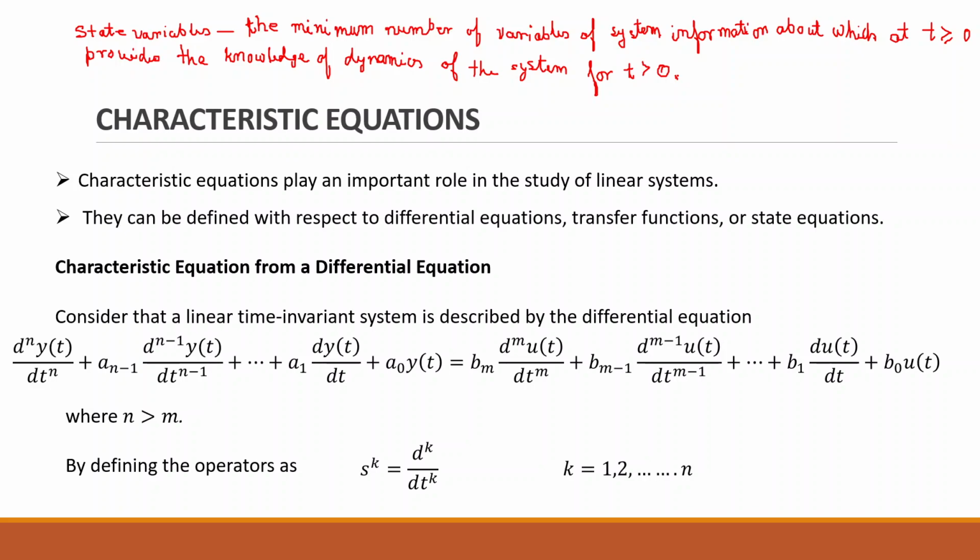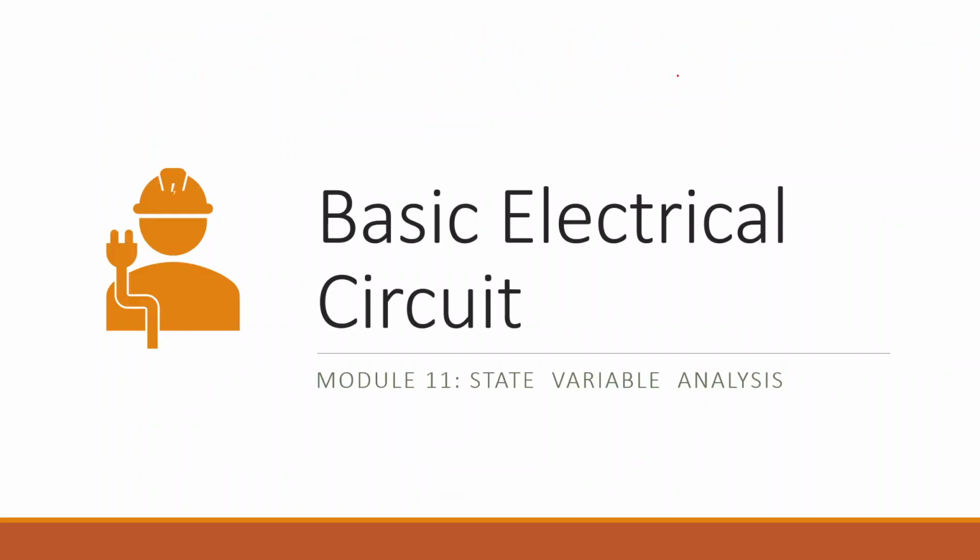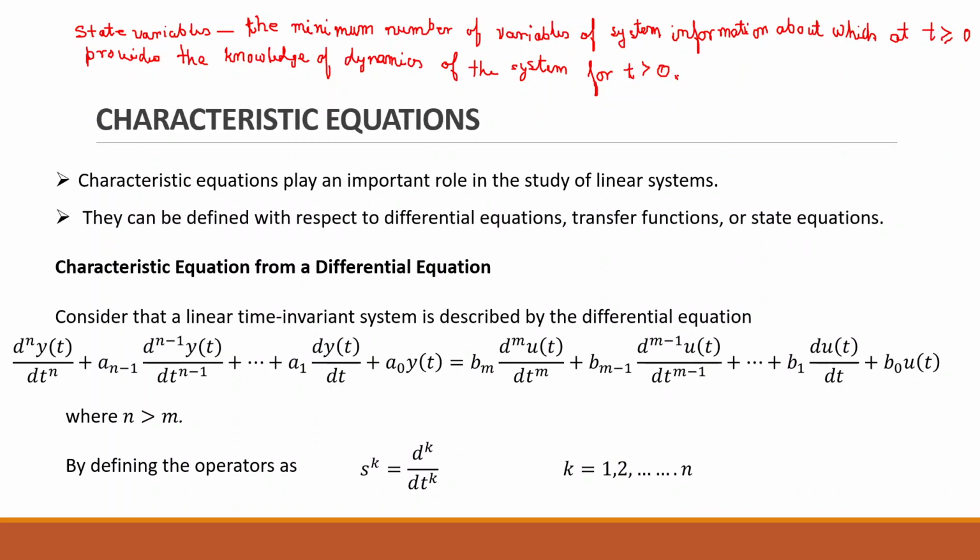So that are state variables. Now, how do we achieve state variables? To find out the state variables, the most common approach is to obtain the characteristic equation of the system. The characteristic equation plays a very important role in the analysis of linear systems. Why is that so? Because the characteristic equation provides the poles of the system, which is unique for a given system.